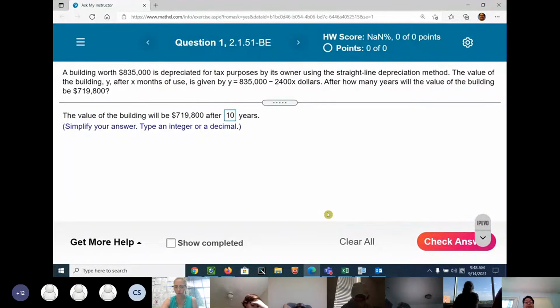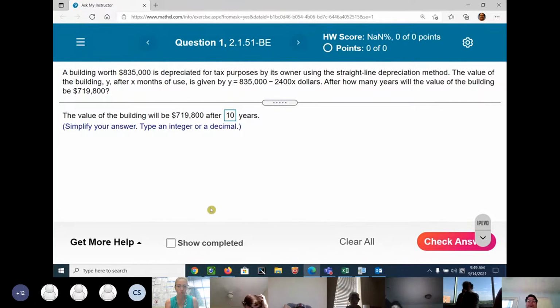The building is worth $835,000, is depreciated for tax purposes by its owner using the straight line, that means a linear line, depreciation method. The value of the building, Y, after X months, so Y is the value, and X is equal to months, is given by Y is equal to negative 2400X plus 835,000.